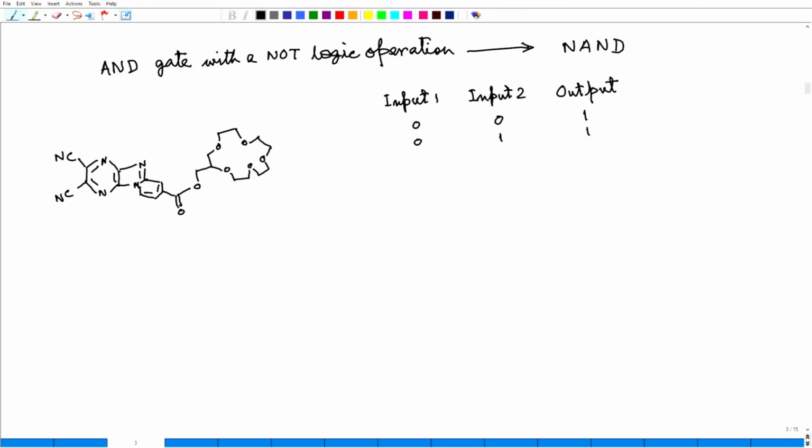Then input 1 is 1, input 2 is 0, then output is 1, and both input 1, input 2 also 1, output is 0. So, this is a very funny truth table, but that is what it is. Okay. Now, explain it. If you ask me to explain it, that is now a problem.